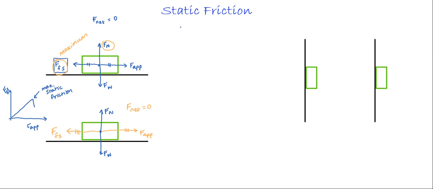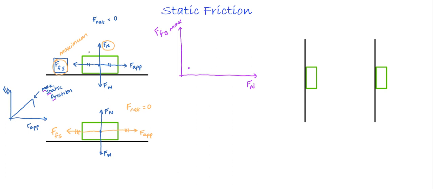And so if I sketch this graph over here, what I found was that if I applied force to an object, the more force I applied, the more static friction there was until I hit the tipping point where it became the maximum static friction, at which point I recorded the value of the maximum static friction corresponding to normal force, and I placed that value on a graph. So I'm going to have normal force as my horizontal axis and maximum static friction as my vertical axis.